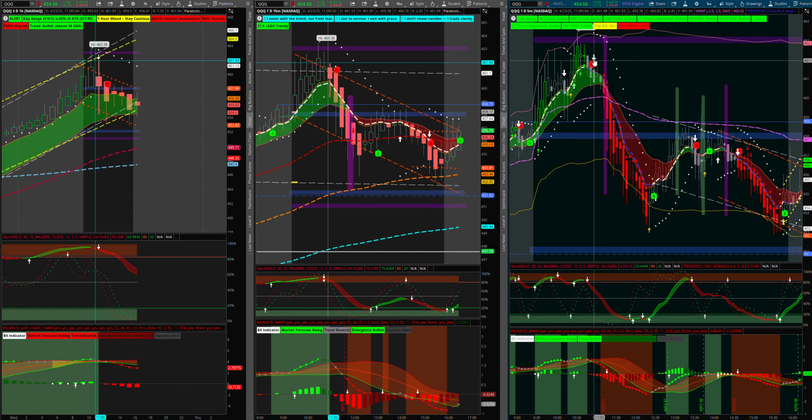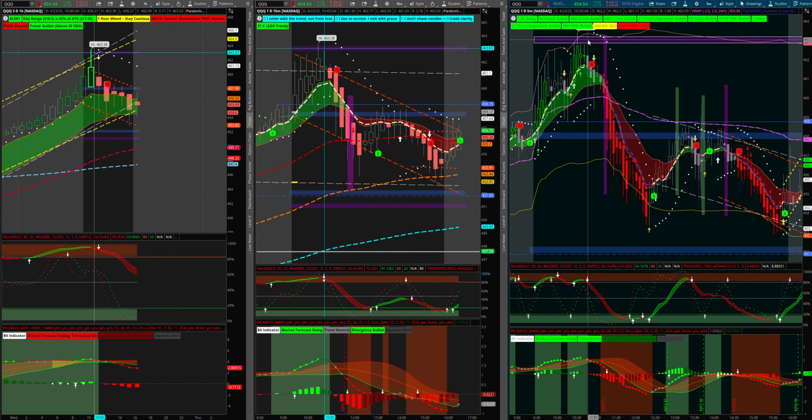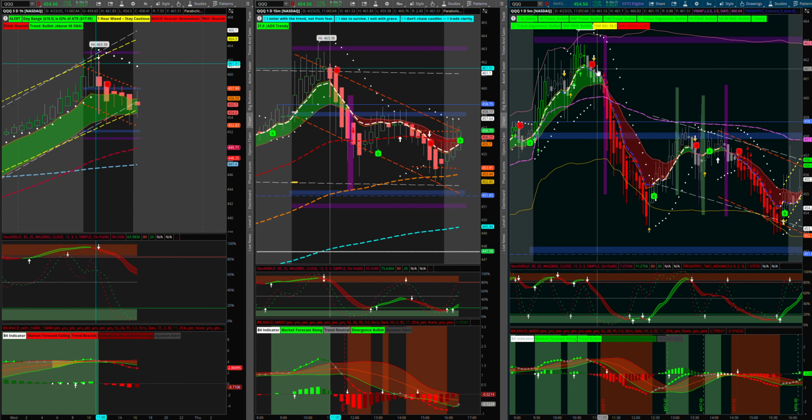And what presented itself was a rejection off of this level right here at 463.38. That was your high of the day. The rejection happens and we wait for the entry. Permitted entry is based on the 5 minutes being ready, your 15 minutes also ready, and your 1 hour.